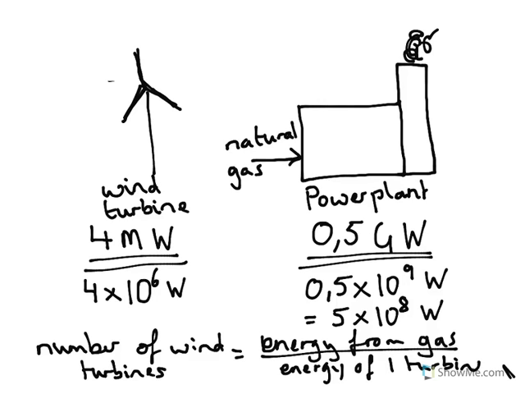Well, we know that the energy of one turbine multiplied by X, the number of turbines that we're going to need, is going to equal the energy of the power plant.